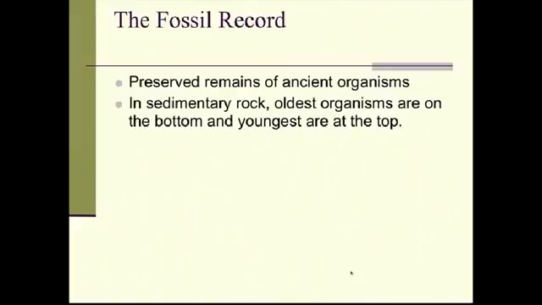And the way sedimentary rock is laid down, it's laid down in consecutive layers of sediment, which is sand or silt or dust. It's a very fine ground-up rock. And organisms that die and are not eaten and their bodies aren't spread out, if they're sealed in this layer of dust and powder and sand, over time, multiple layers on top compress the body.